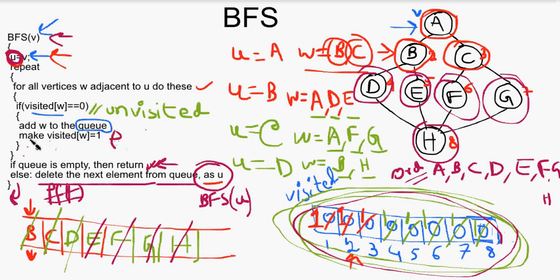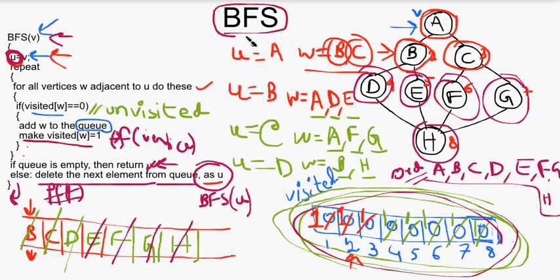So once you mark it visited, you just print that node or vertex, whatever, right? So you print that and you get the visiting order here. So this is how you execute the BFS algorithm.